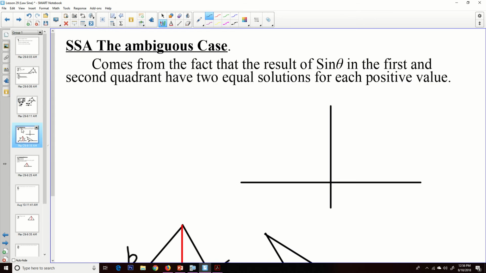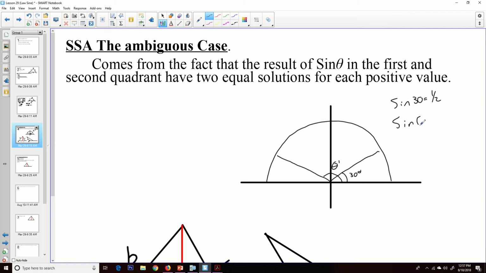All right, let's get to the hard part. The ambiguous case comes from the fact that the result of sine theta in the first and second quadrant has two equal solutions for each positive value. What I mean by that is, if we go back to our unit circle and I have 30 degrees, the sine of 30 we know to be equal to a half, but there is a second angle here, we'll call this theta prime.